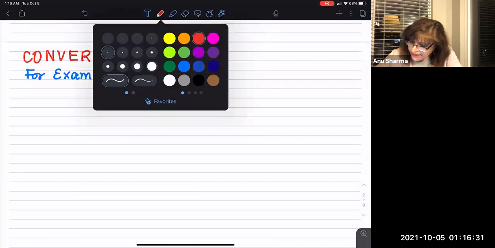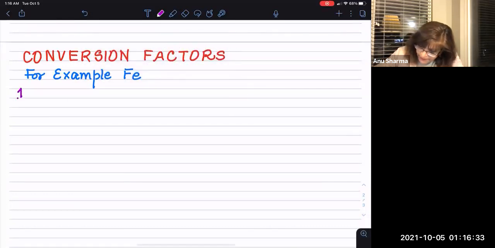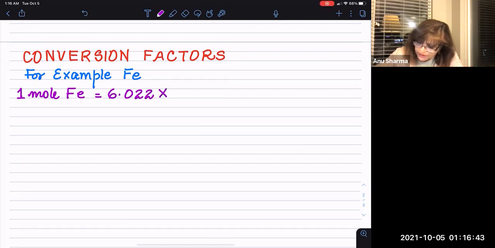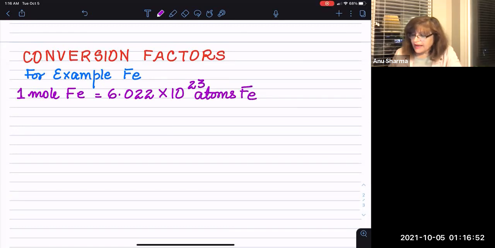This means that 1 mole of iron contains 6.022 into 10 to the power 23 atoms of iron. And what is the weight of that? That is the mass number of iron.